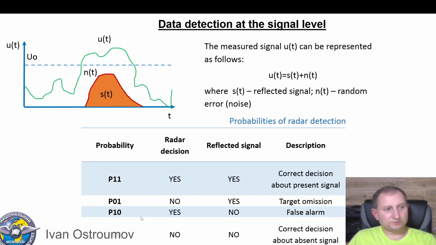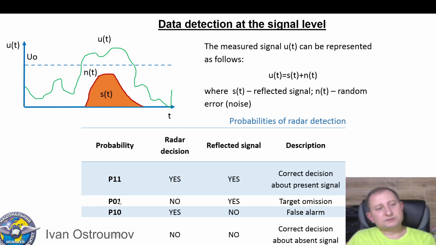And in this case, we call this probability P10 false alarm. It means we detect presence of signal, however, it was not present in the data channel.